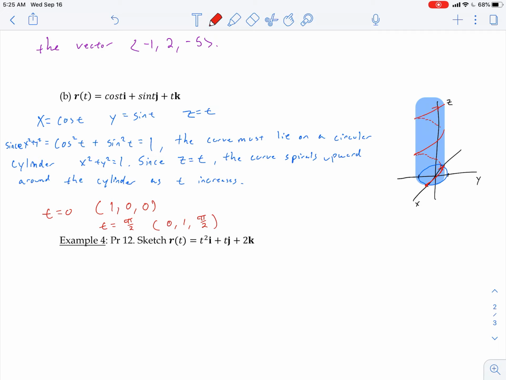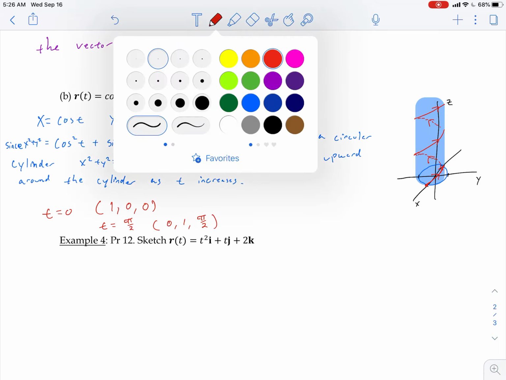And again, this is not going to be perfect. We're just increasing as time goes on. So that's what it actually looks like if I asked you to graph it.